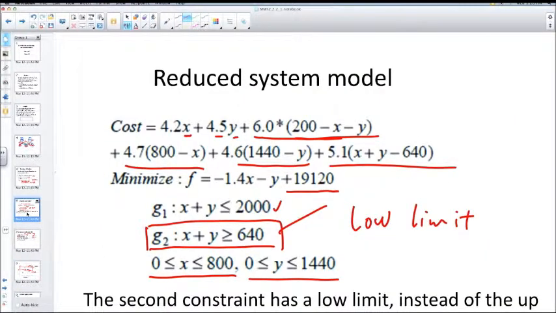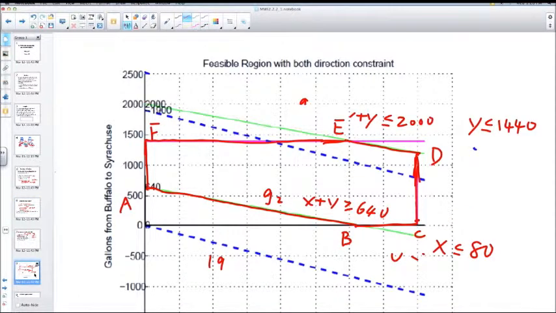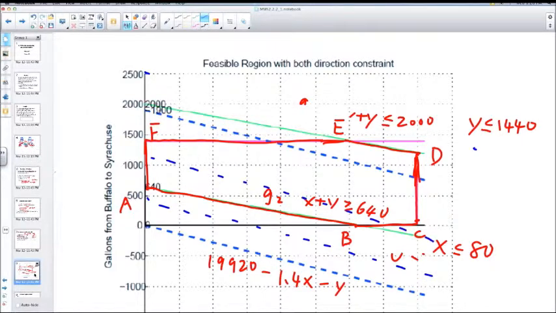So graphically, the objective function is right here: 1900 120 minus 1.4x minus y. And the slope you can see is this. So we move parallelly. When we say we move parallelly, it means you can move up. When you move up, as long as your point is in the feasible domain, you get a solution.